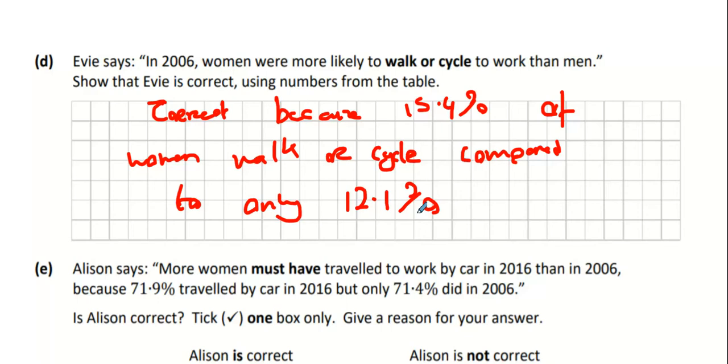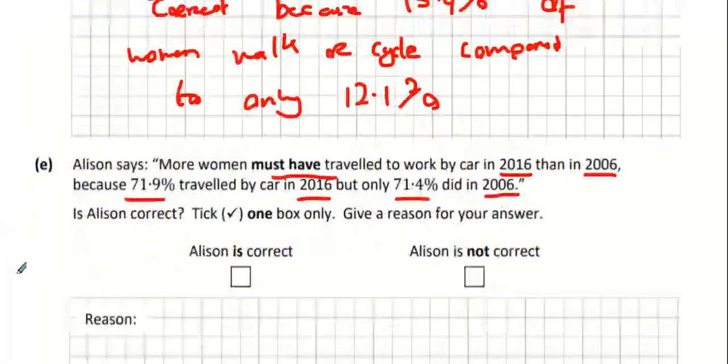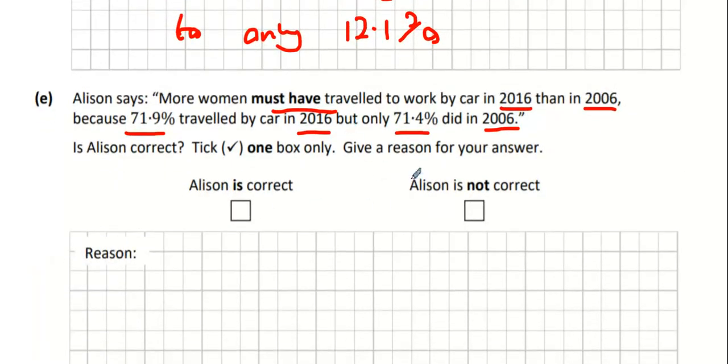Now, next thing, Alison says more women must have travelled to work by car in 2016 than 2006 because 71.9% travelled in 2016 but only 71.4% travelled in 2006. Is Alison correct? Well, think of it this way. If it was the same amount of people, she'd be correct, but there's no guarantee it's the same population.